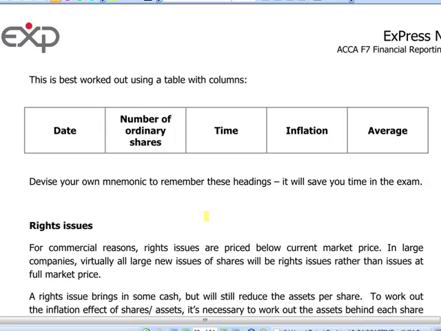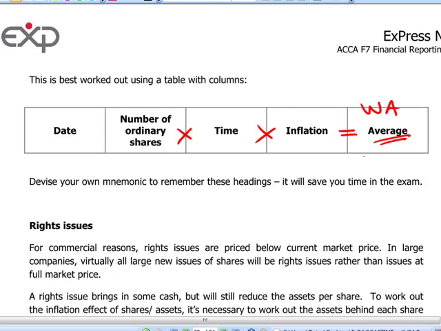Put down the date at which something happens within the number of shares, the number of ordinary shares in issue until the next change, the period of time, 3 months, 6 months, 12 months, and inflate it if you have a bonus issue or a rights issue. By multiplying the number of shares with the period and the inflation, you will get what I call the weighted average number of shares. We will use this weighted average number of shares when we calculate the basic EPS.